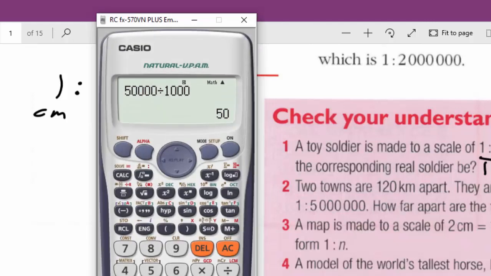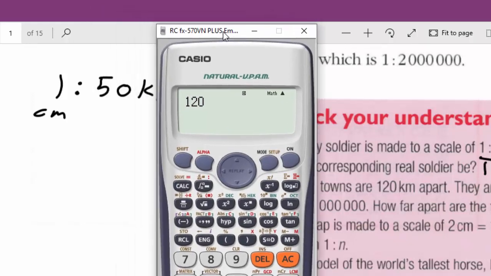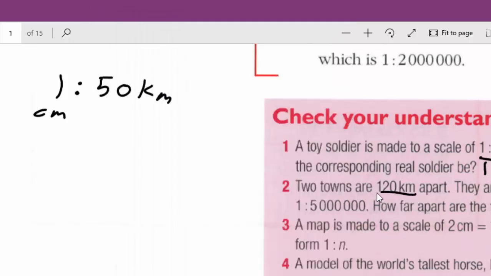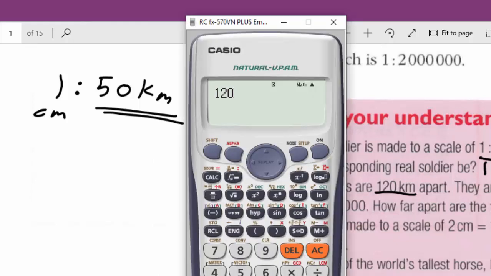Let's divide 120 kilometers, and because the 120 is in kilometers, that's why we need kilometers here, because we cannot divide kilometer by centimeter. Now 120 divided by 50, they are both kilometers, they have the same unit, so it's a reasonable division.